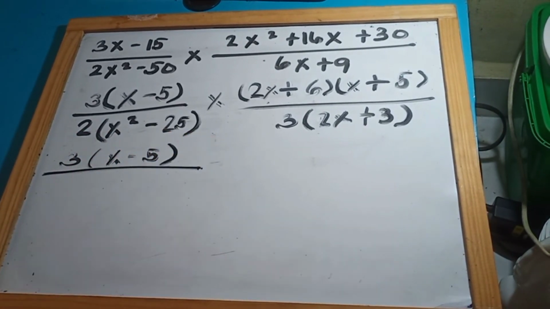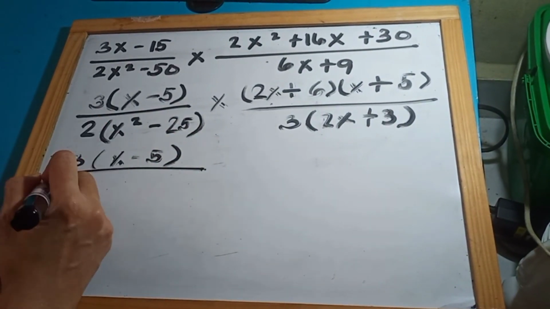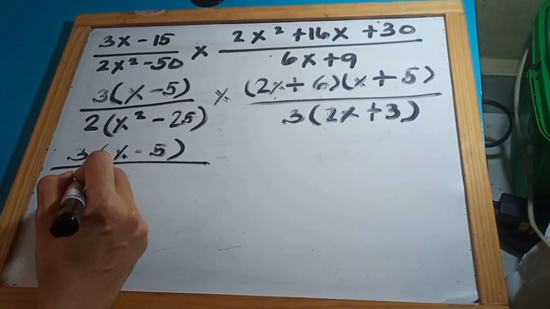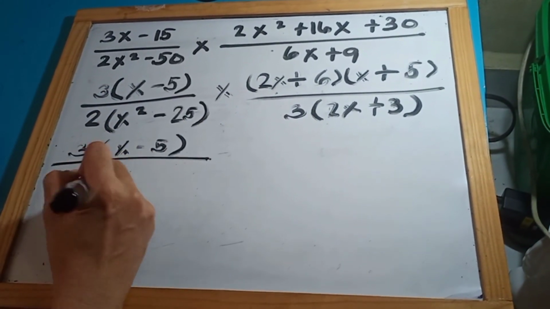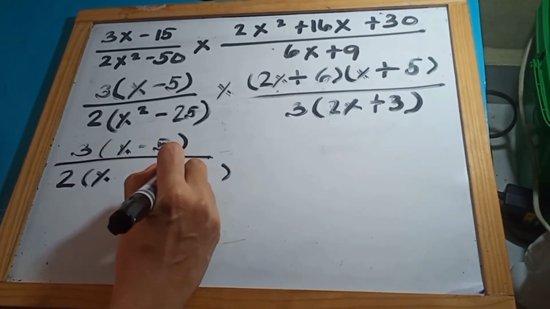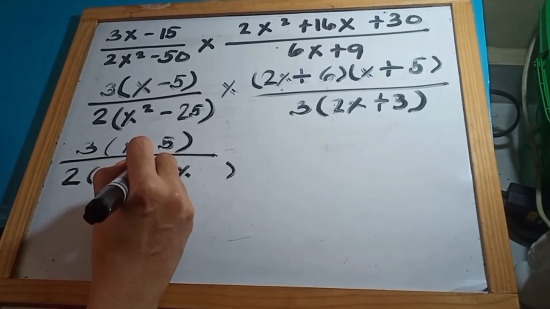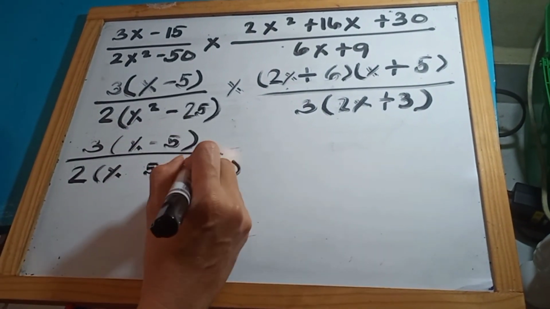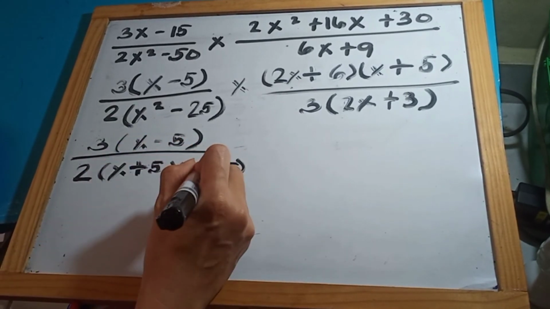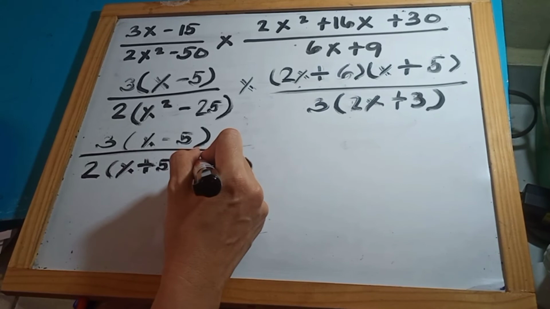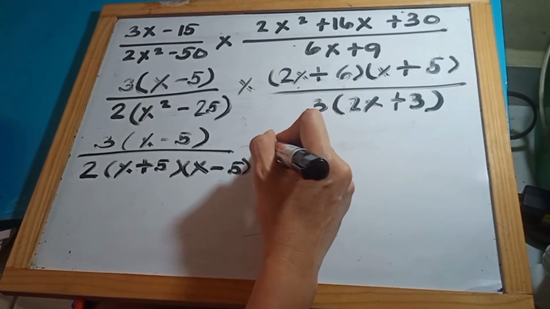Yung denominator natin, sabi natin may factor pa siya. So, let's write the 2 and then yung factor ni x squared minus 25. So, that is x and x. 25, that is 5 times 5. And the sign is positive and negative.